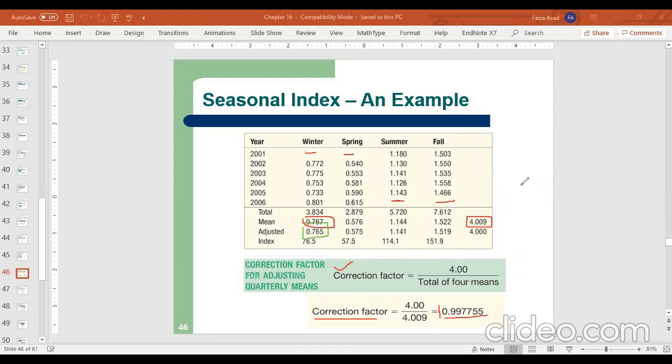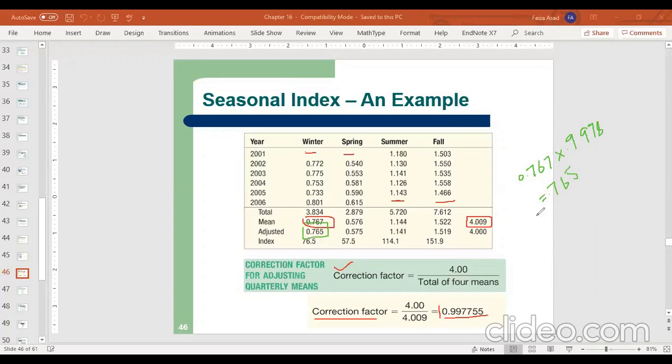So if I write here 0.767 into 0.9978, approximately, then multiplying the correction factor and the mean, it turns out to be an adjusted mean of 0.765.